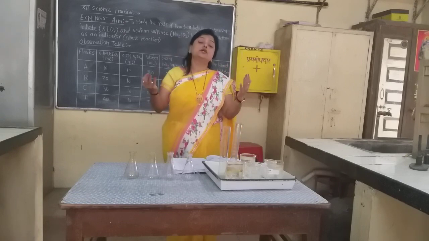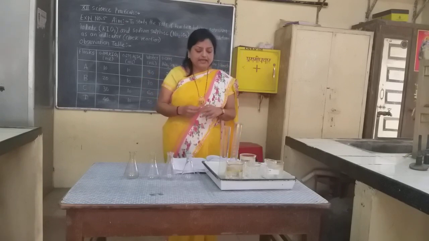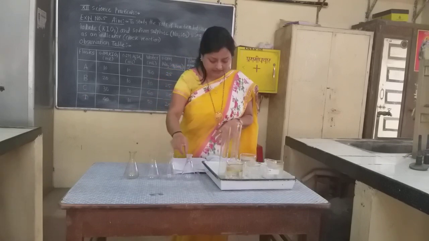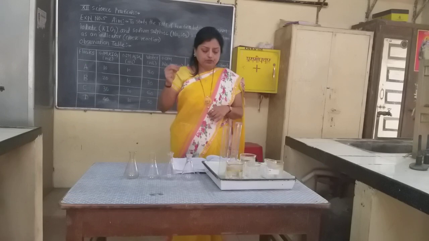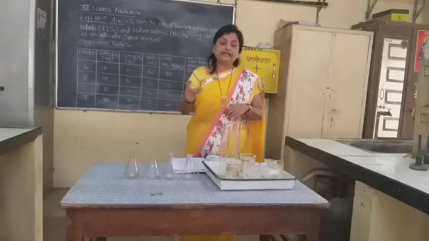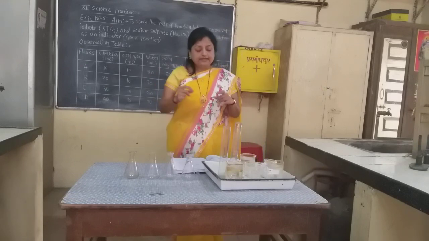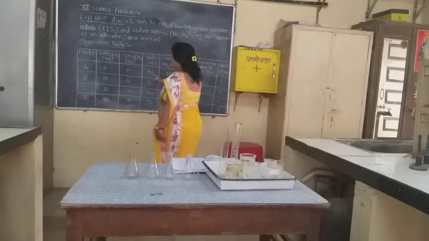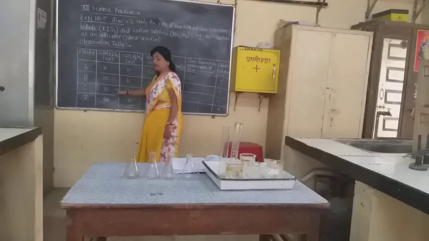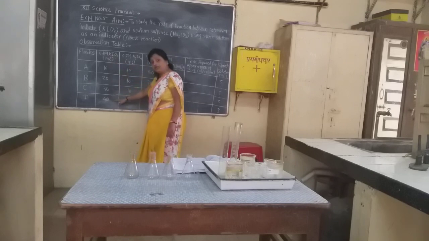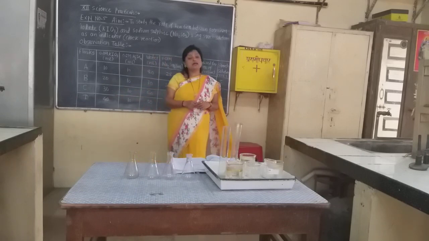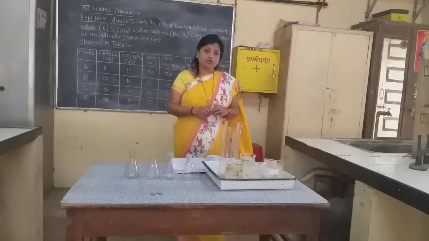Now how is the procedure? Take 4 conical flasks of 250 ml. Now give them the labels A, B, C, D. Take 10 ml, 20 ml, 30 ml and 40 ml potassium iodate into the A, B, C, D conical flasks respectively.